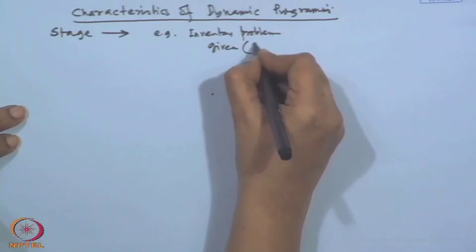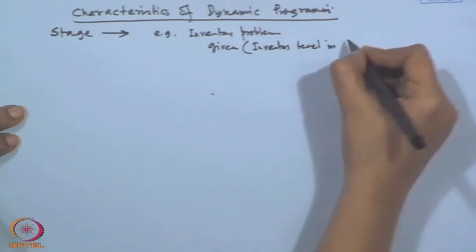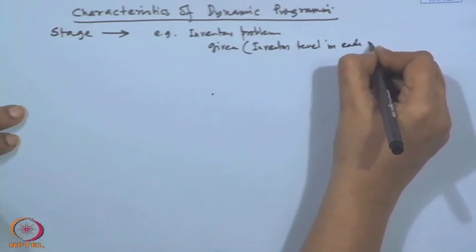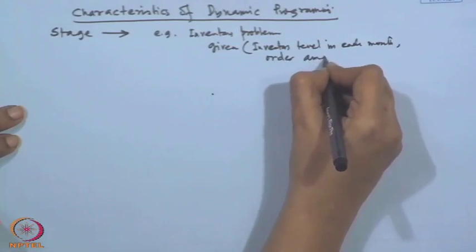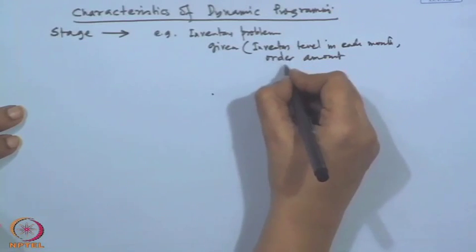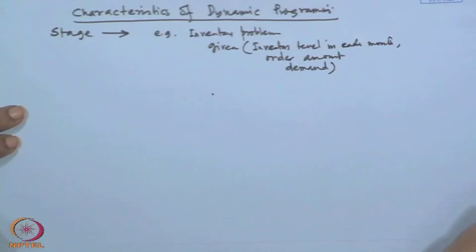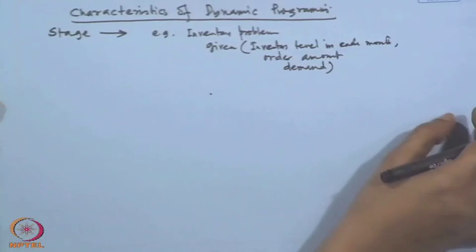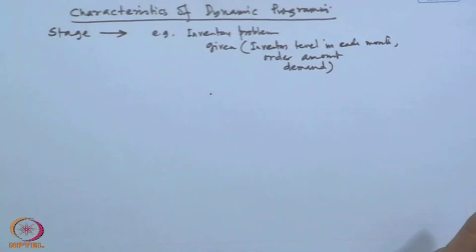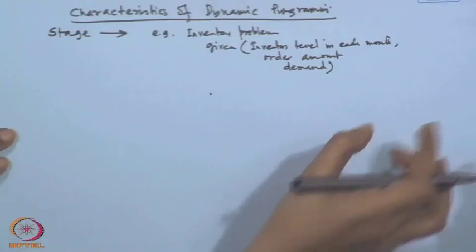It is given that we have the inventory level in each month, the order amount in each month, and not only that, the demand rate in each month. From there we have to decide how much to order in each month. This could be the data for the previous year. The bigger inventory problem can be subdivided into smaller problems, with each month being a small optimization problem.